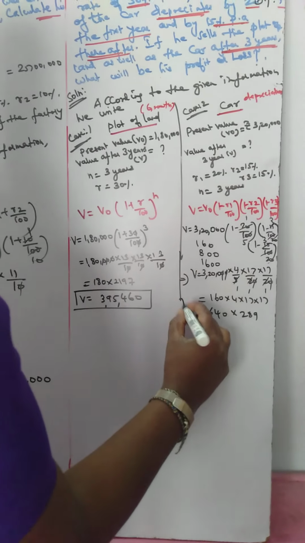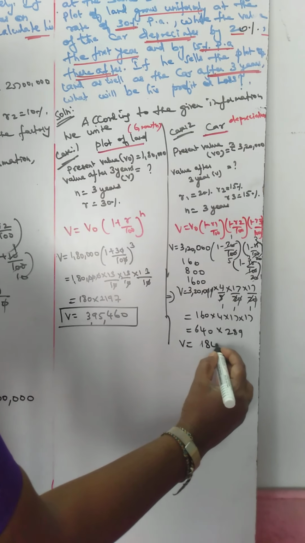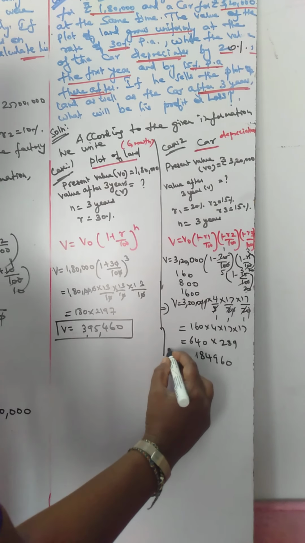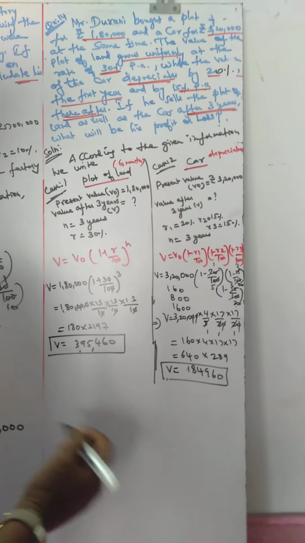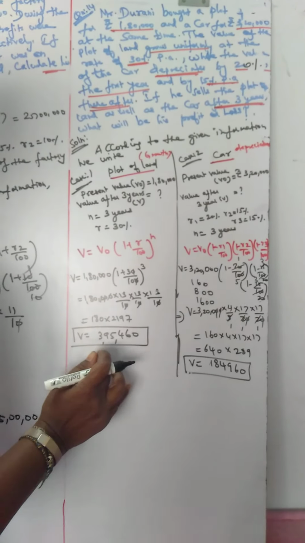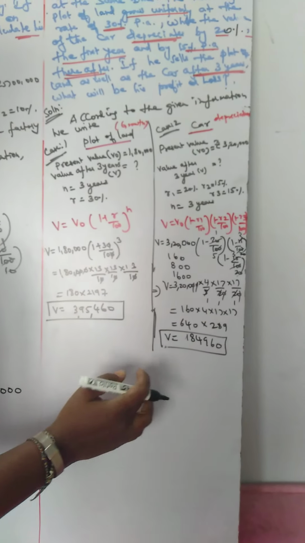That is V here, 1,84,960. Then according to the given condition we write next. This is case 1 V, this is case 2 V. We want to find whether it is a profit or loss.